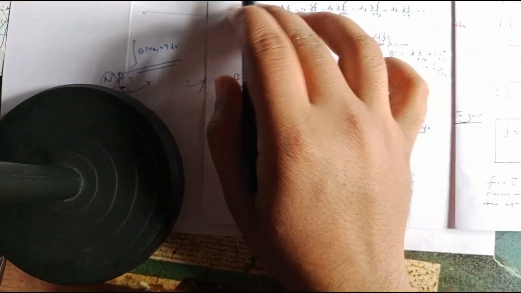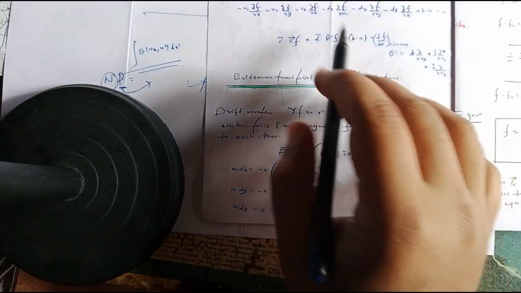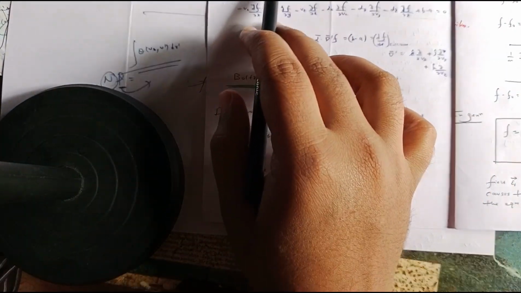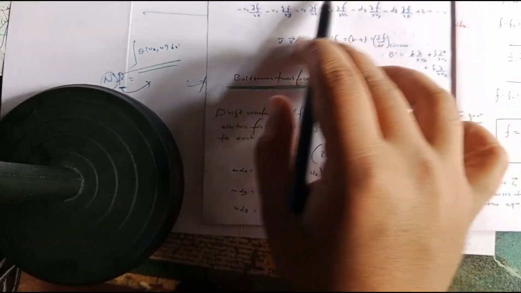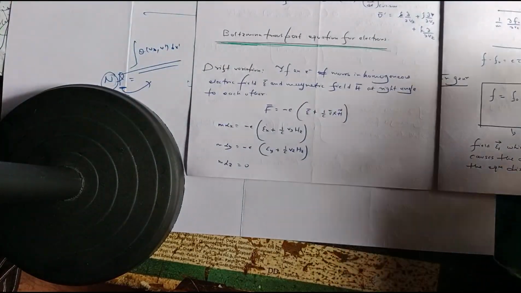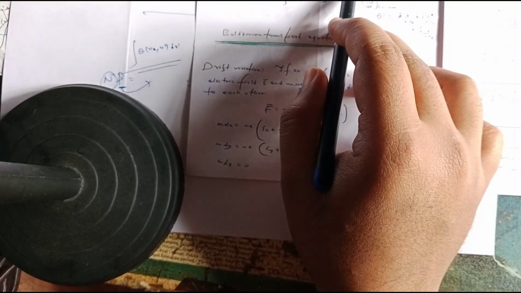So under the condition of equilibrium we add both terms and set the sum to zero. Now we write the drift variation term and this collision variation term, with a bit of mathematics: vx, vy, vz, and alpha x, alpha y, alpha z.